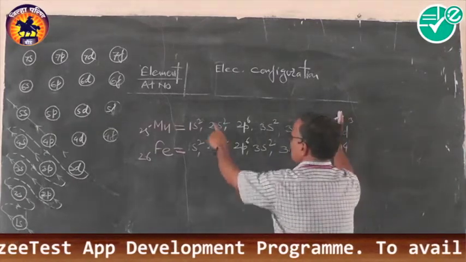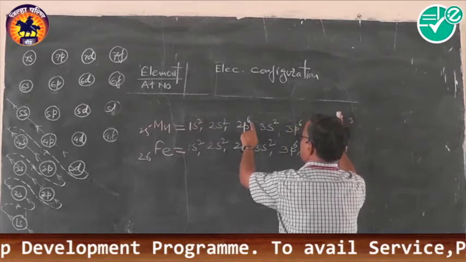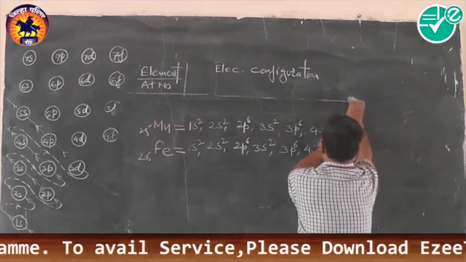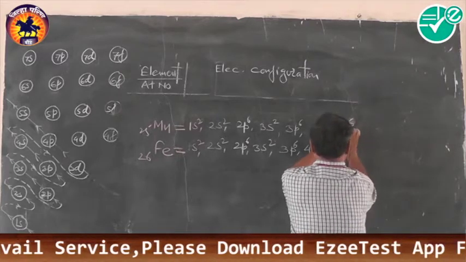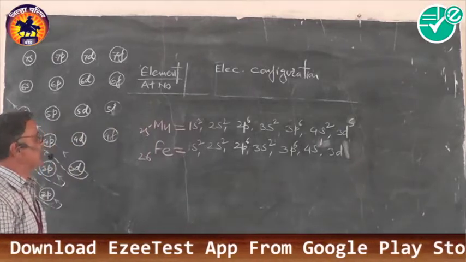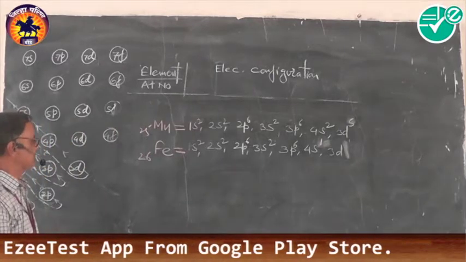This is common. 2 plus 2, 4, 4 plus 6, 10, 10 plus 10, 20, 20 plus 5, that is 3d5, will be the electronic configuration of manganese with atomic number 25.